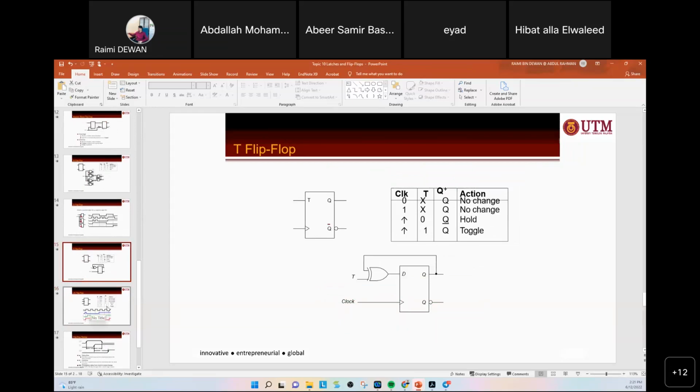Where's the module? You can refer to the module as well, right? But the slides don't have this information. Let's see, where is the page? Where is the T flip-flop in the module? Okay, module page 144. Can you share the photo of page 144?